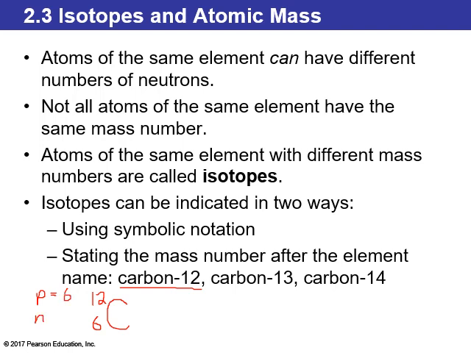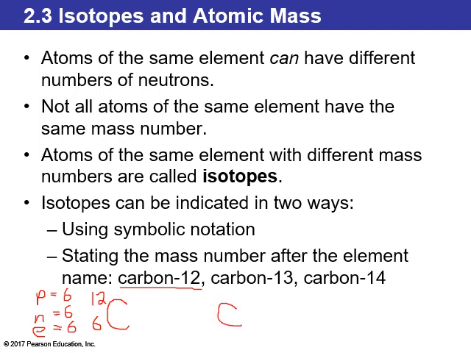How many neutrons do we have? My number of neutrons is 12 minus 6. So remember, our mass number is the number of protons plus neutrons. So 6 and 6 give us the 12 up here. And my number of electrons is going to be equal to my number of protons. Carbon can attract 6 electrons.